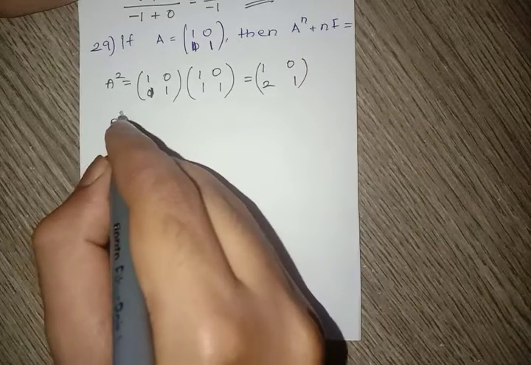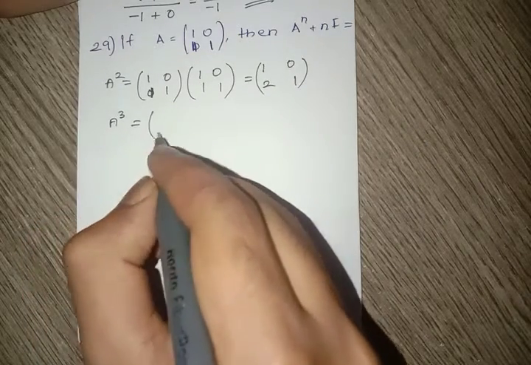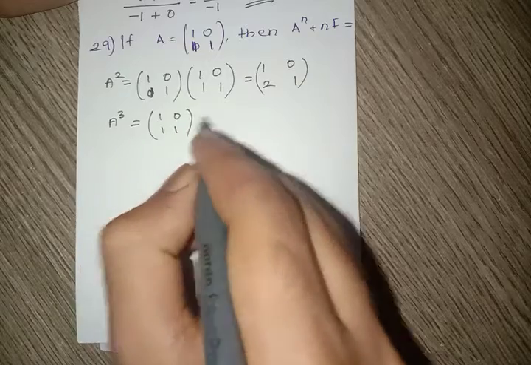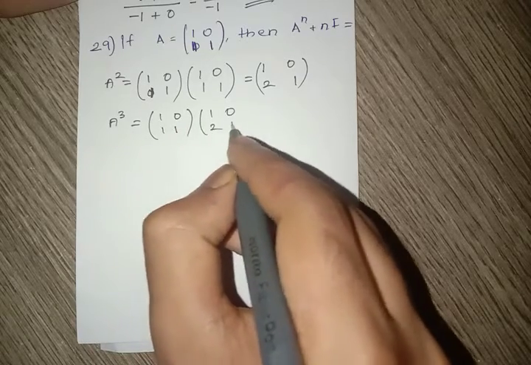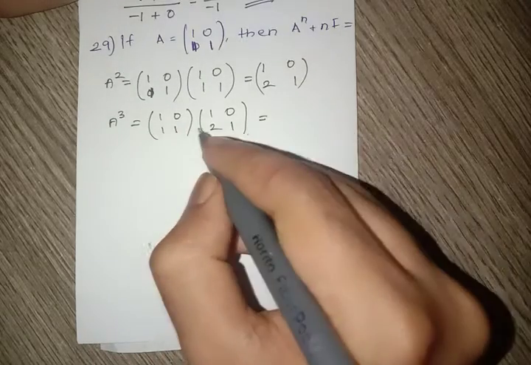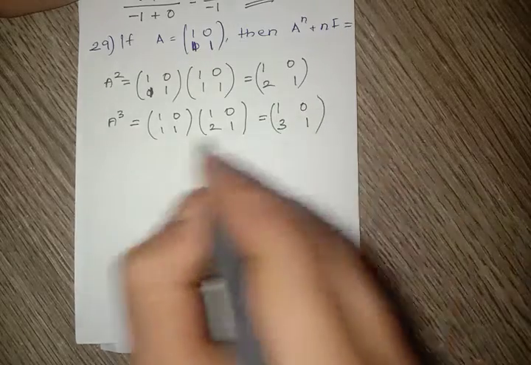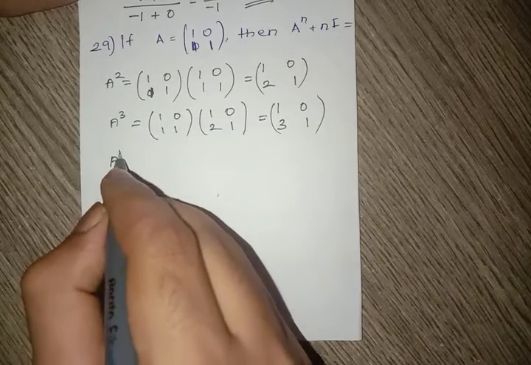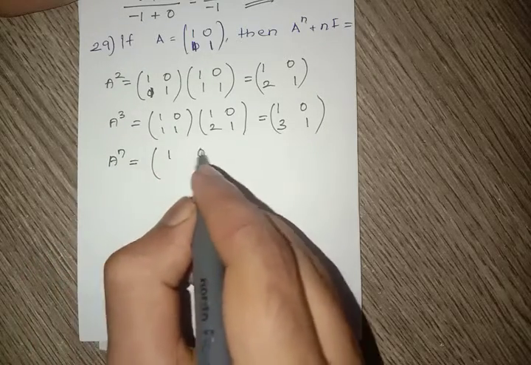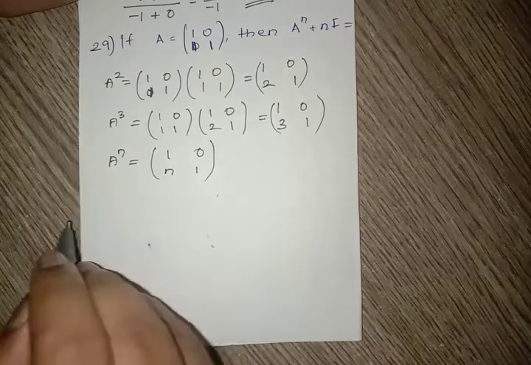If we find A cube, it will be equal to [1 0; 1 1] into [1 0; 2 1], which is equal to [1 0; 3 1].